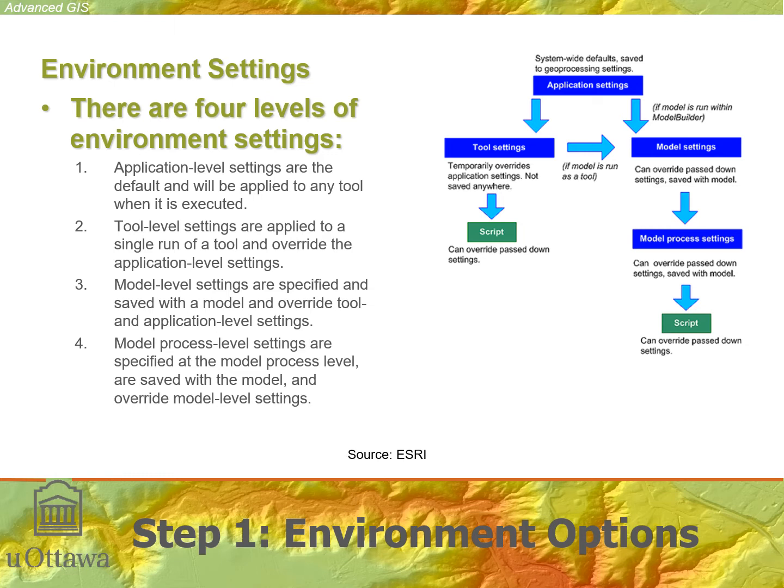Other environment settings include things like the cell size, snap raster, and that's fundamentally important, and we'll talk about that in a couple of minutes. But these are things that are called environment settings.